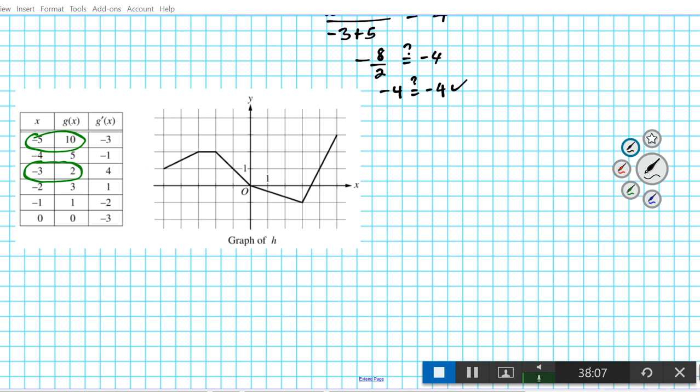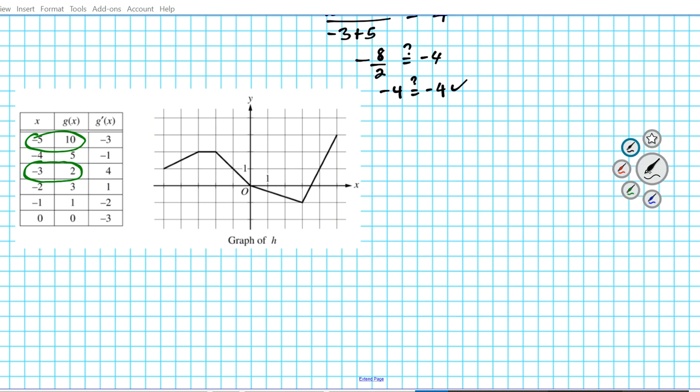Okay, so let's finish this off. What do we know now? Well, we're going to be able to say that the statement is true based on the mean value theorem.